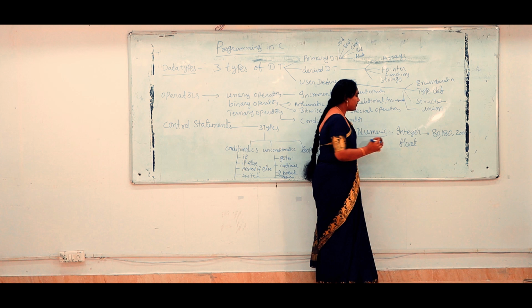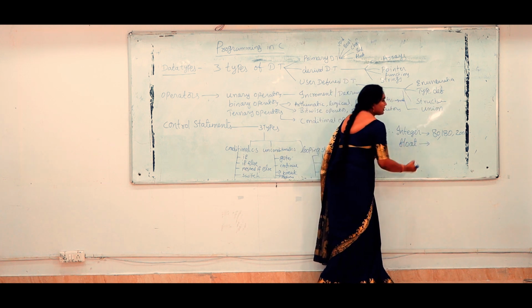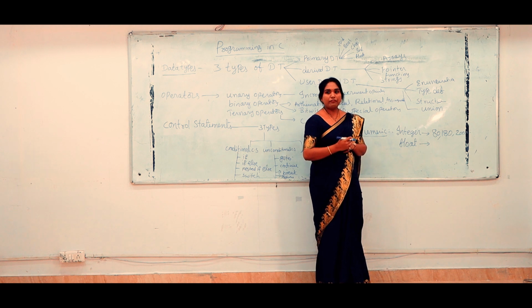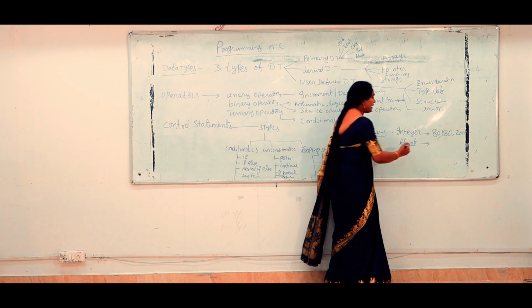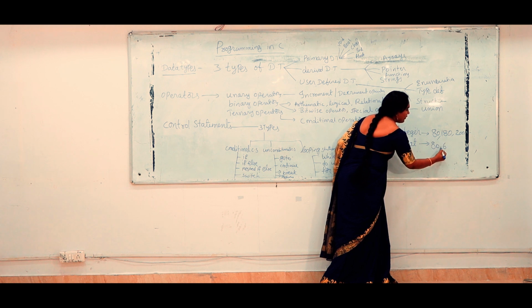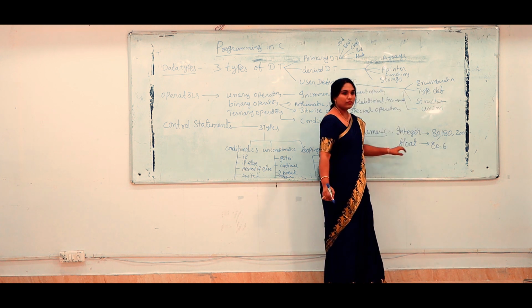Now come to the float. The float is nothing but the decimal value. We know very well what decimal values are. Which numbers have decimals? 80.6, it contains a decimal.